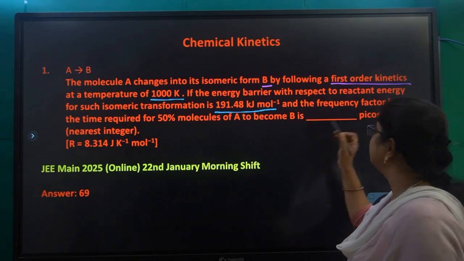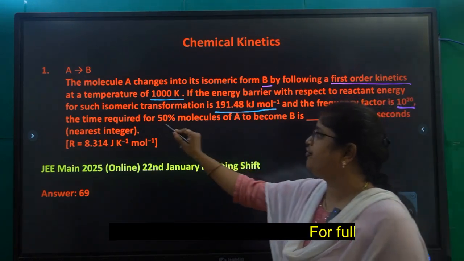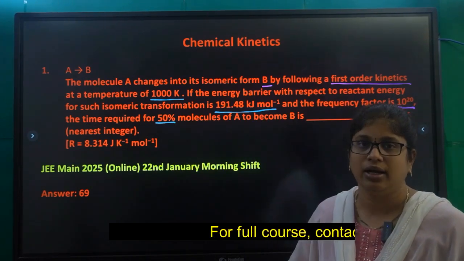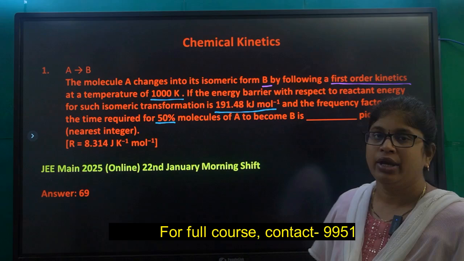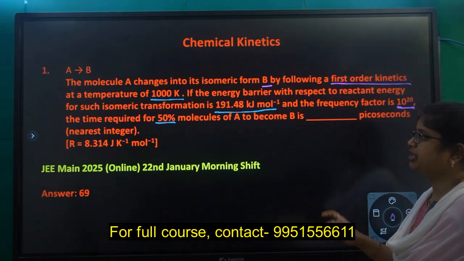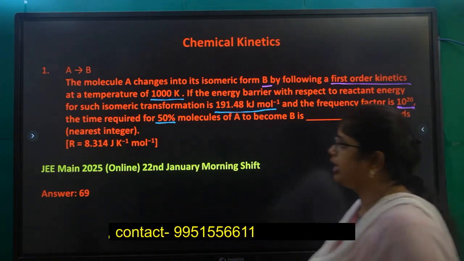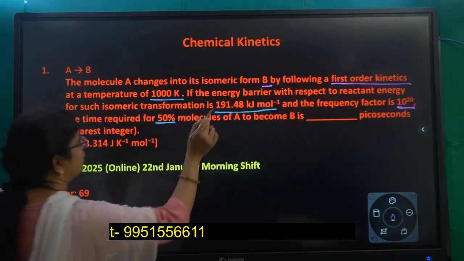Here the time required for 50% of molecules of A to be converted to B is called half-life, T half. So now he has given information and he is asking us to calculate the half-life. First write the given data.